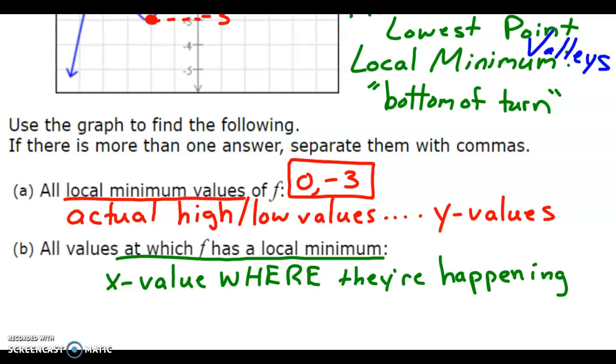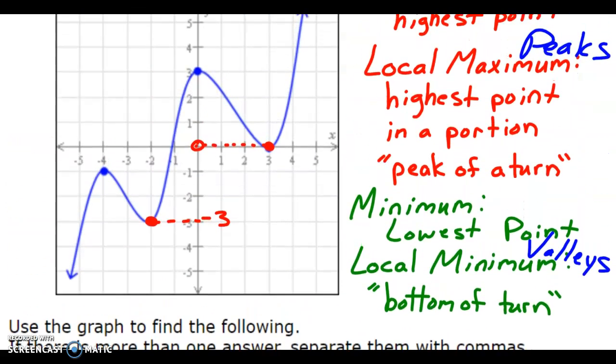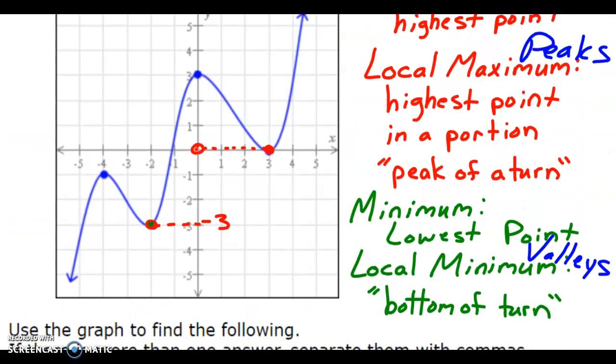So these are the x values of where those are actually happening. So you're going to go back to those same values and now just tell me the x values. So the first one's happening where? At -2, and the second one's happening where? At x equals 3.